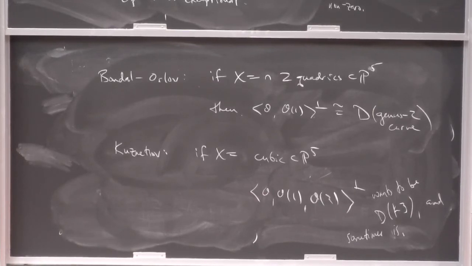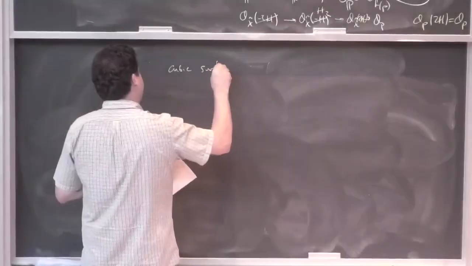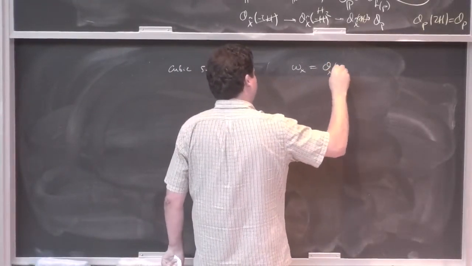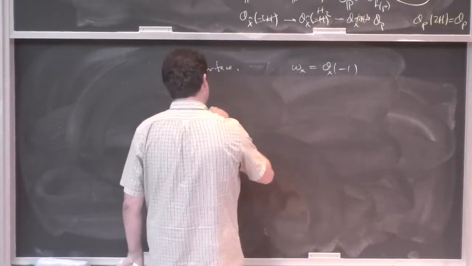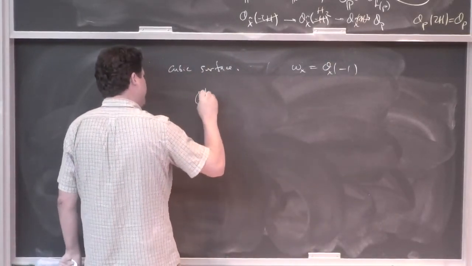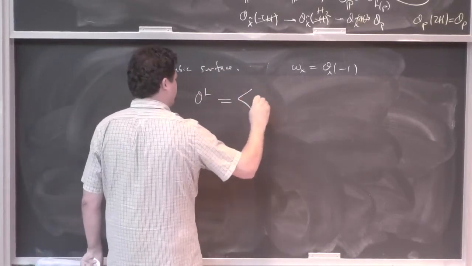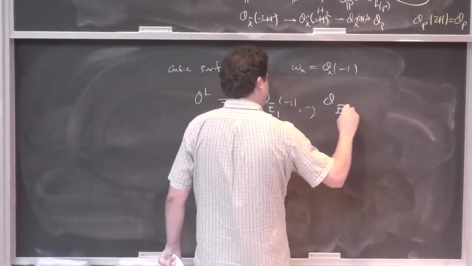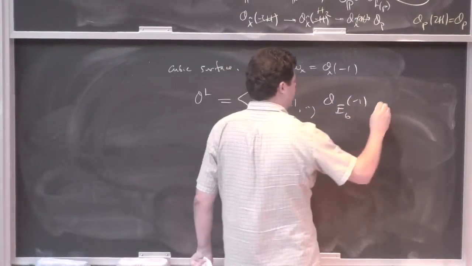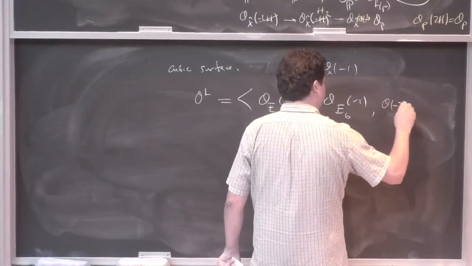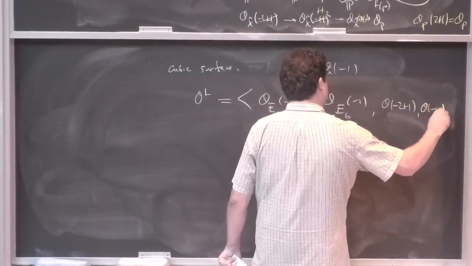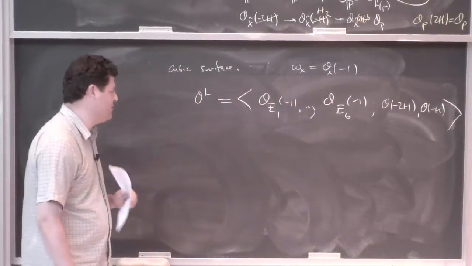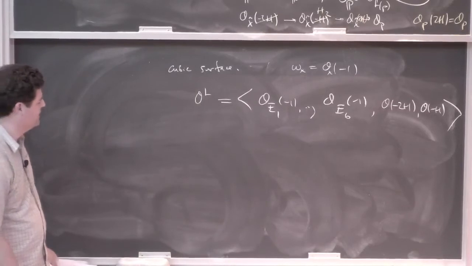If I have a cubic surface, then omega_X is O(-1). So O perp is generated by O of the first exceptional divisor minus 1, up to O_{E6}(-1). And then I could do O(-2H) and O(-H). But if it has a full exceptional collection, it's in some sense not that exciting.